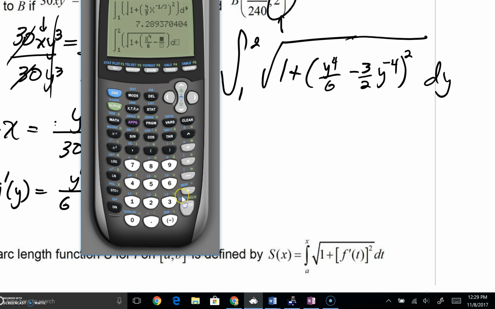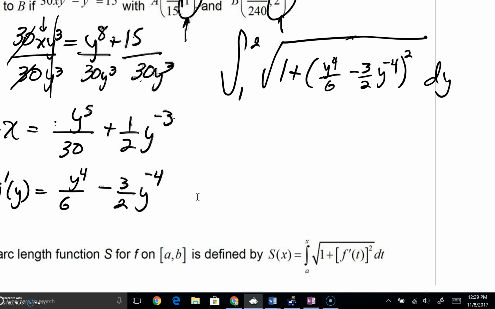So I'm going to go ahead and type in a 3 all over 2, and then we'll have our x, which is really a y. And then we're going to square that. And again, if you would have pressed in your y instead of x, that's fine. 1.471, and you're good.